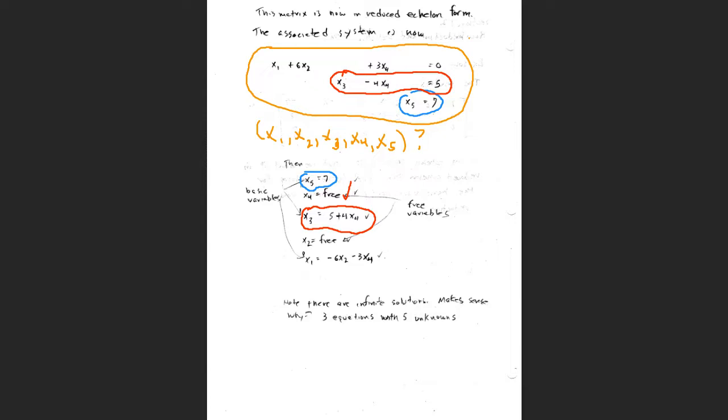Finally, we move to the top equation. All right, x1 is equal, well, we already established x4 is free, but now we have to let x2 be free. And so x2 is free, and x1 is negative 6x2 minus 3x4. See that, how it works?